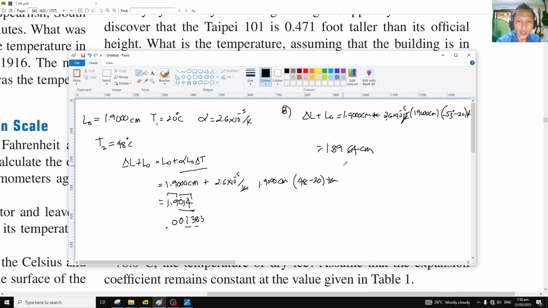And the change, delta L, you can compute on the other side.